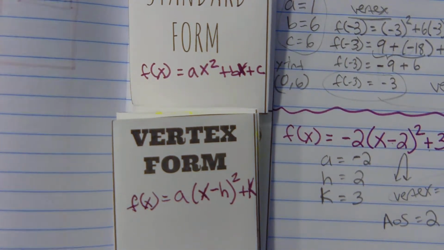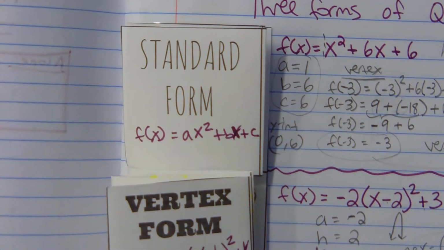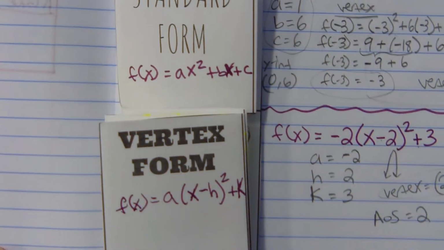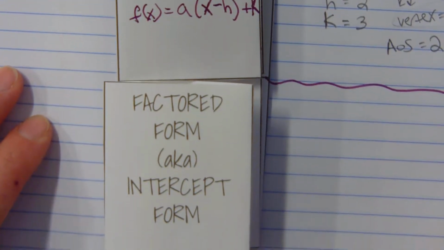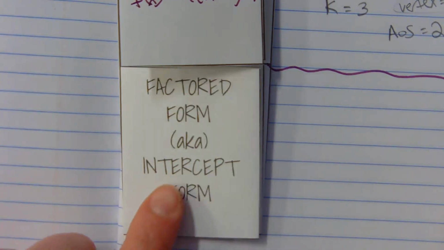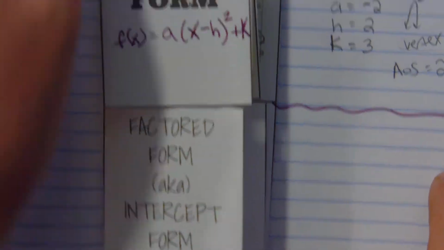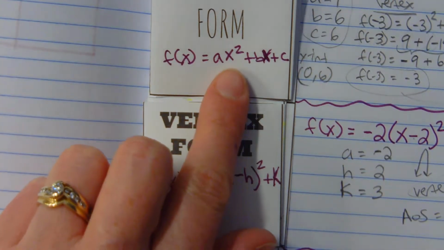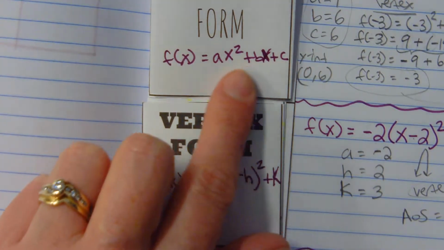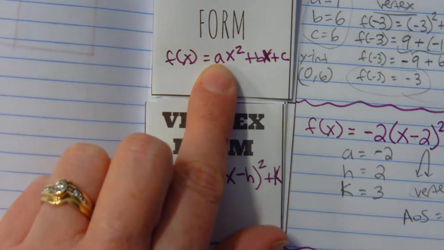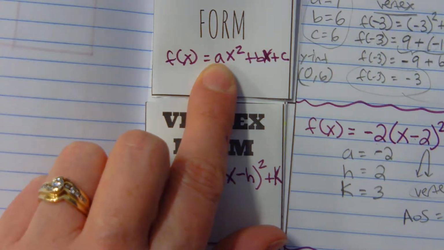And this is the third video on the standard form, vertex form, and today is focusing on the factored form, also known as intercept form of quadratics. So standard form, remember we talked about, we have ax squared plus bx plus c. A tells us if it opens up or opens down, if it's negative.